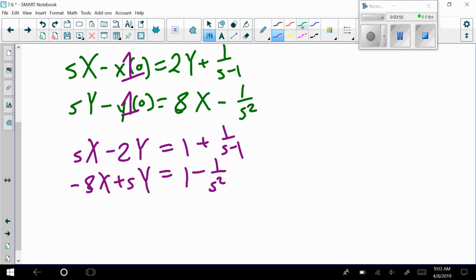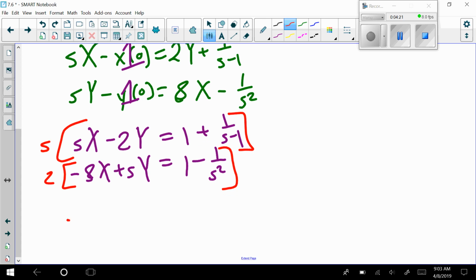Okay, well, after I get it to here, we need to eliminate a variable. When I'm looking at it, it doesn't look terrible to go after, well, last time in 4.9 I went after the x's right away. Maybe here I'll go after the y's. So what does this y up here need? Well, it needs this s, so I'll multiply this one by an s. This one down here would need a 2. I don't have to do the negative because one of them was positive and one was negative.